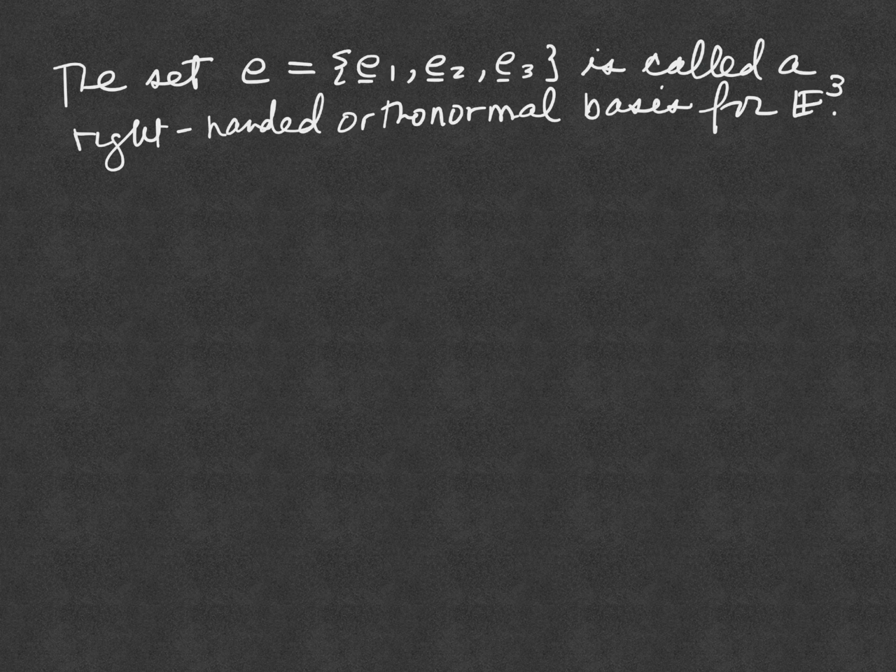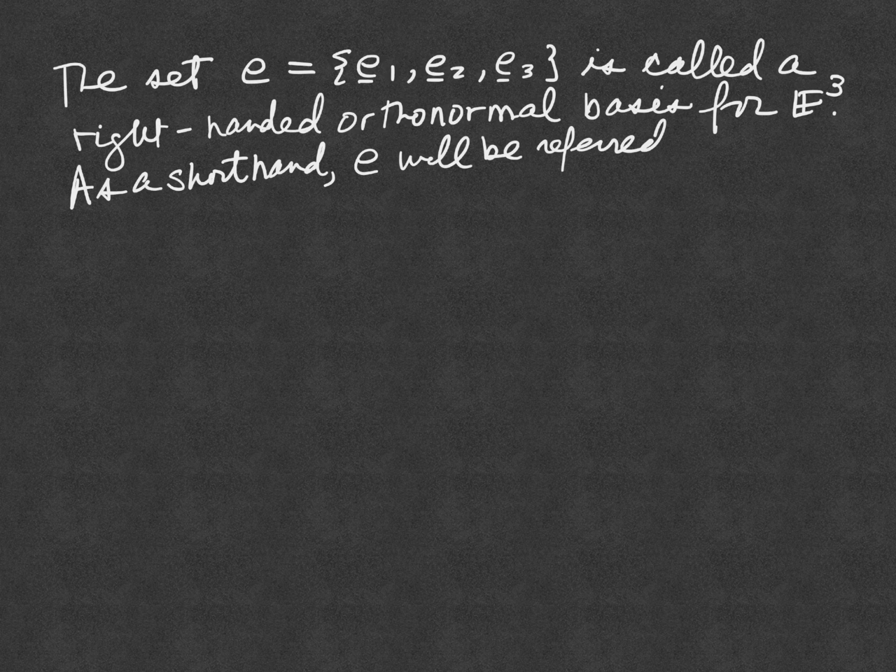Now, we normally don't use the full terminology right-handed orthonormal basis. So as a shorthand, E will be referred to as simply a basis. Instead, like I said, instead of saying right-handed orthonormal basis, we just say basis.